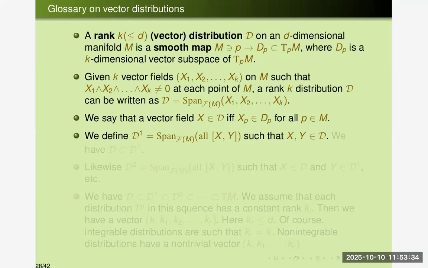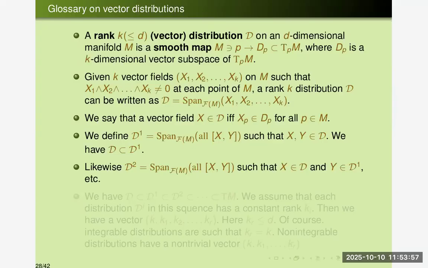If the distribution D is integrable, it is nothing but D. But if the distribution is non-integrable, it's something bigger than D. Okay, and likewise, I can define D2 as the span of all commutators of vectors from D and from D1, and that will be called D2.